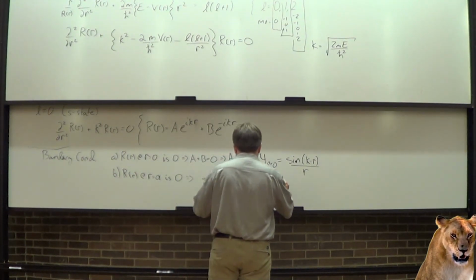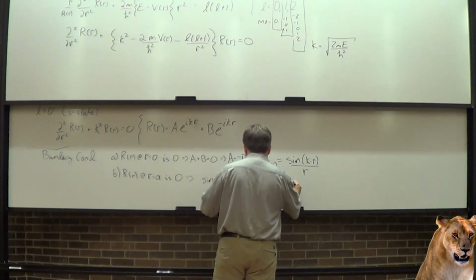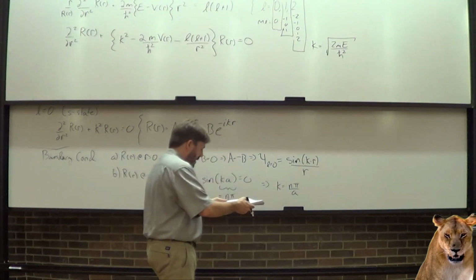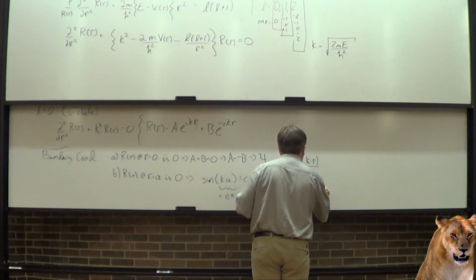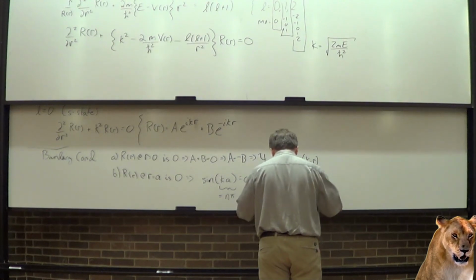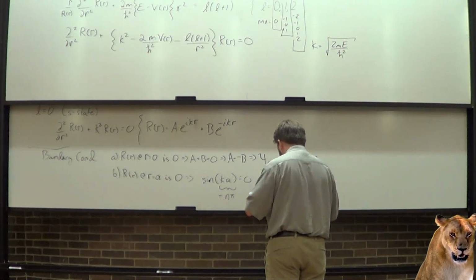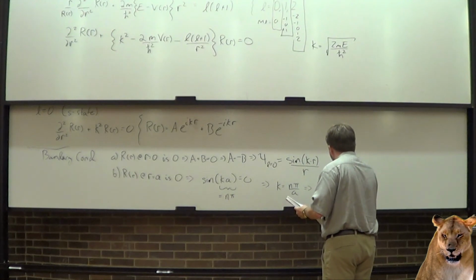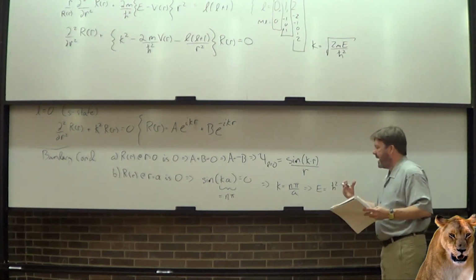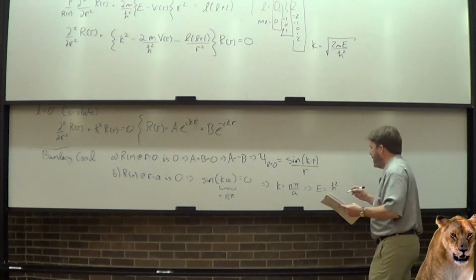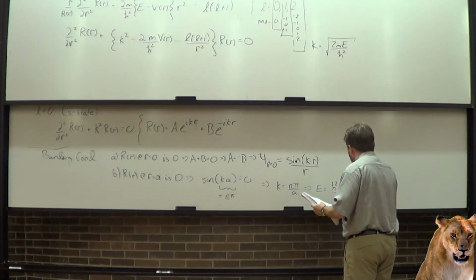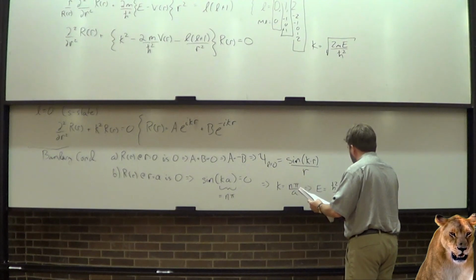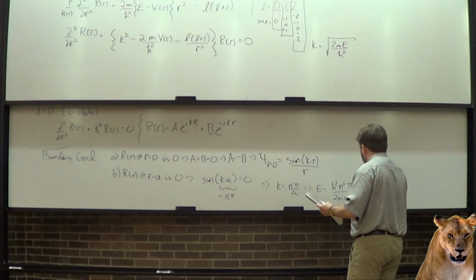Therefore, k is equal to n pi over a, and k being the square root of 2mE over h bar. Therefore, E is h bar squared. Energy is actually h bar squared k squared over 2m. So h bar squared n squared pi squared over 2m a squared.